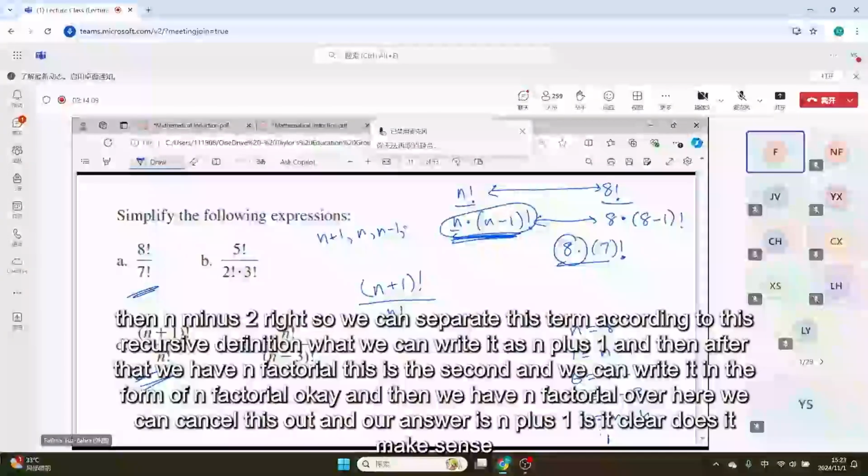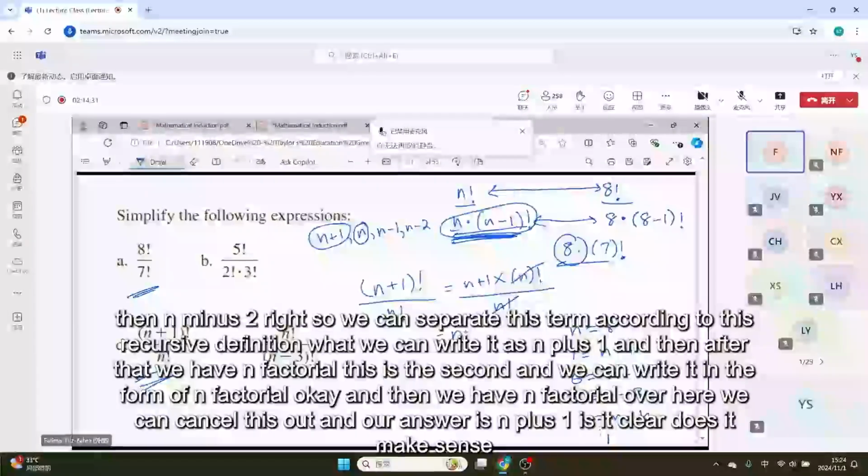So we can separate this term according to this recursive definition. We can write it as n plus 1, and then after that we have n factorial. And then we have n factorial in the denominator. We can cancel this out, and our answer is n plus 1.